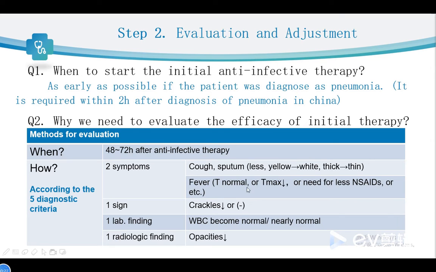The temperature becomes normal or decreases. 3. The crackles decrease or disappear. 4. The white blood cell count becomes normal or nearly normal. And 5. The opacities in lungs decrease.